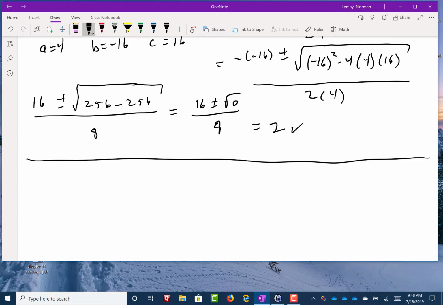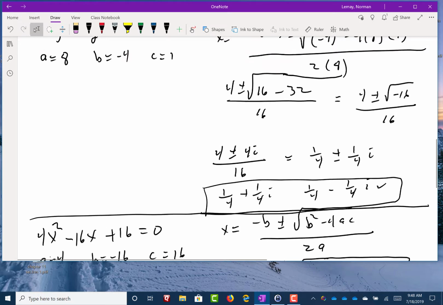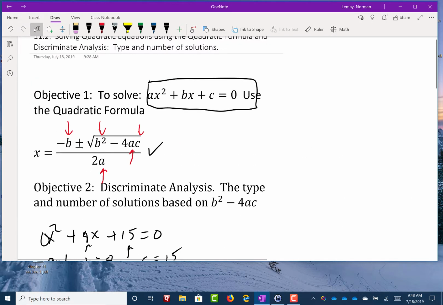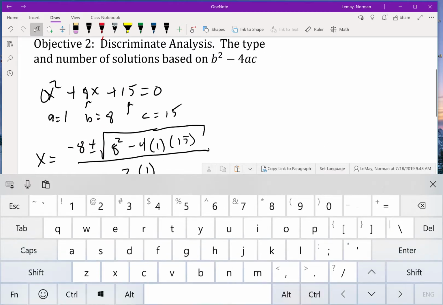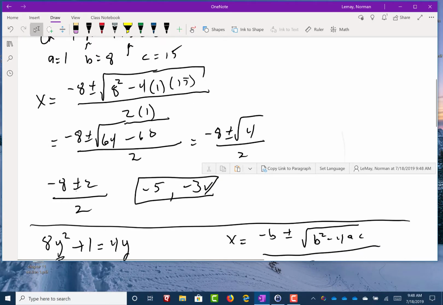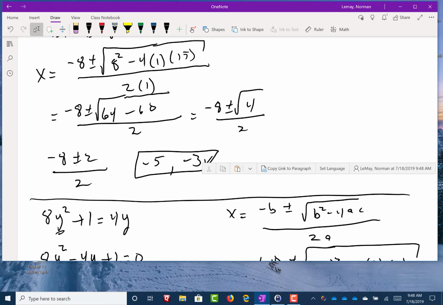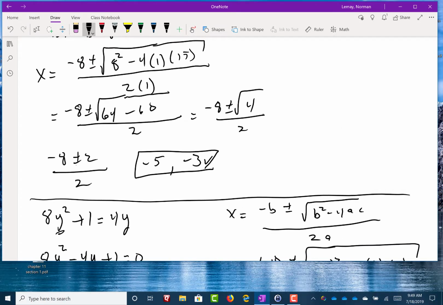And what kind of solutions we get is based on, if you'll notice and come back over here, that when we evaluated this component, I ended up with the square root of 4. And when I take the square root of 4, I end up with a real number. So I ended up with these 2 real solutions.